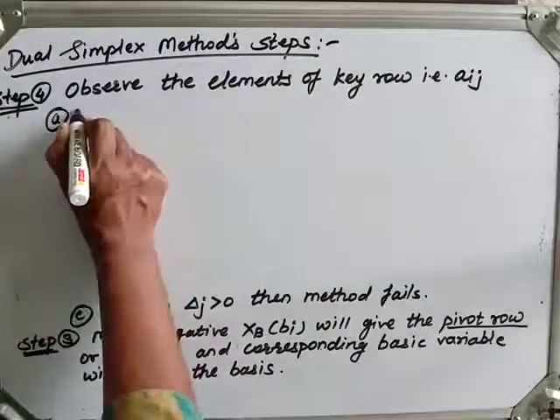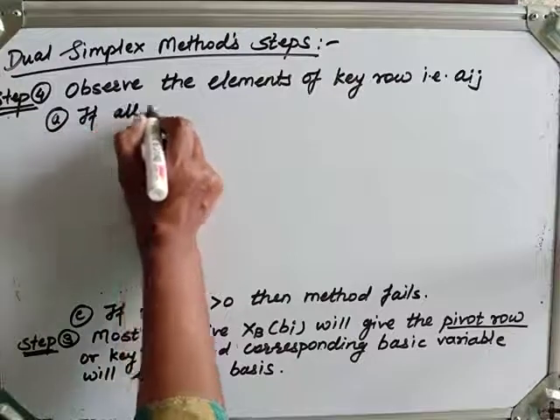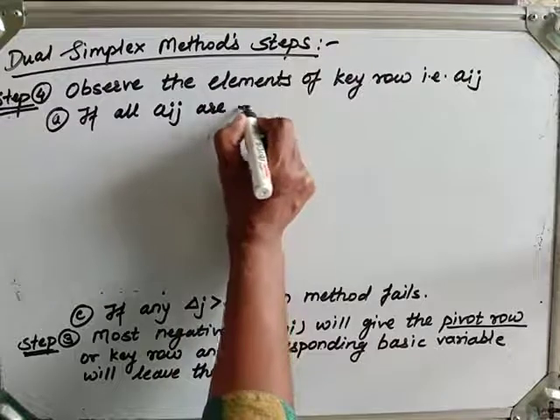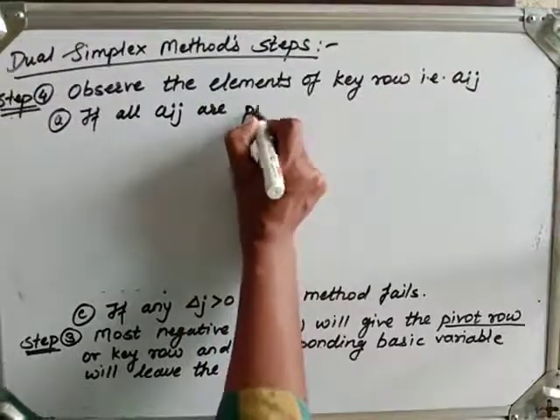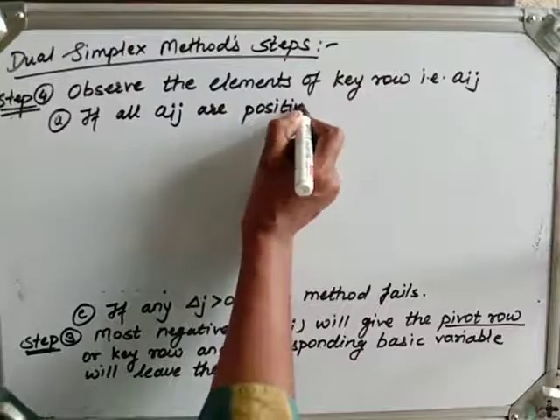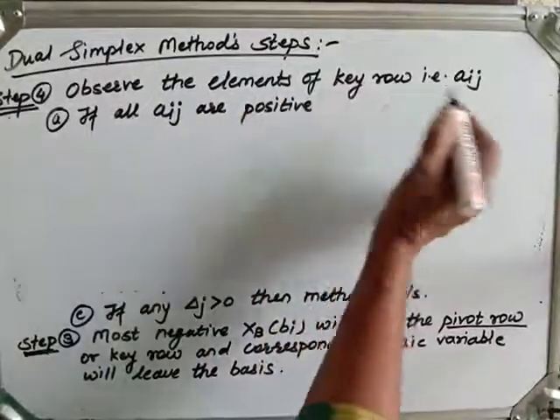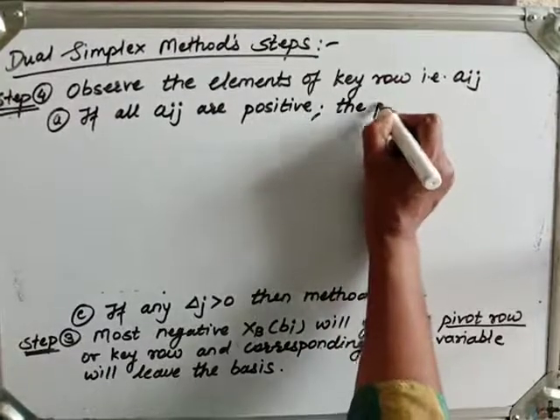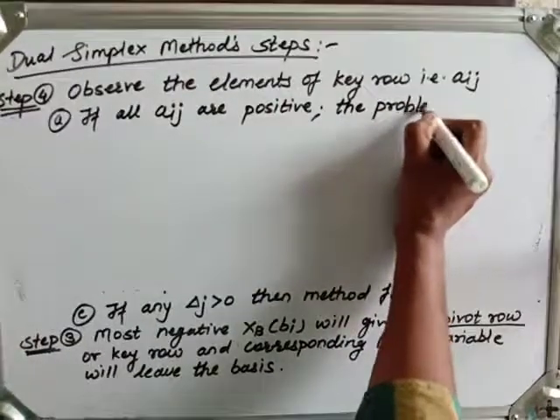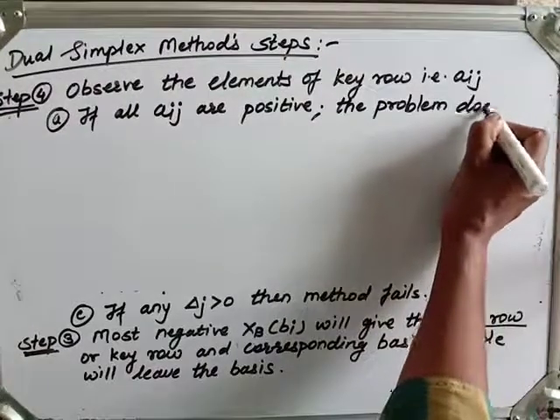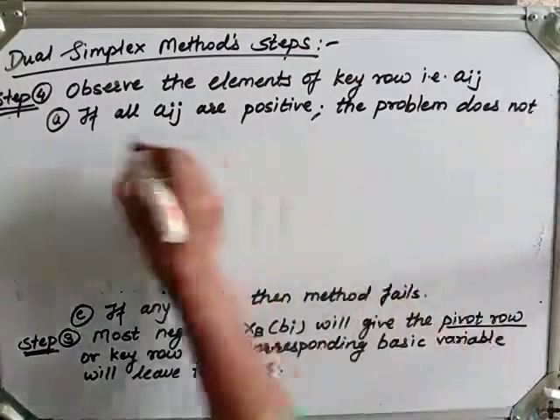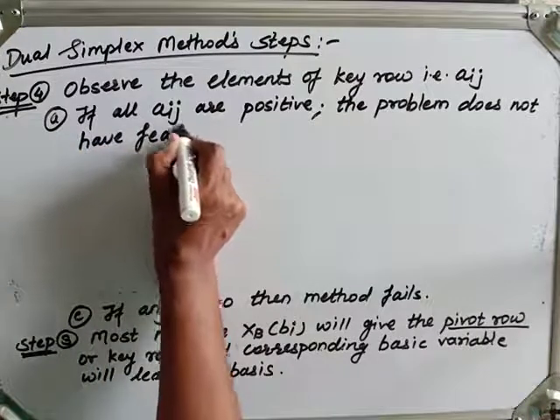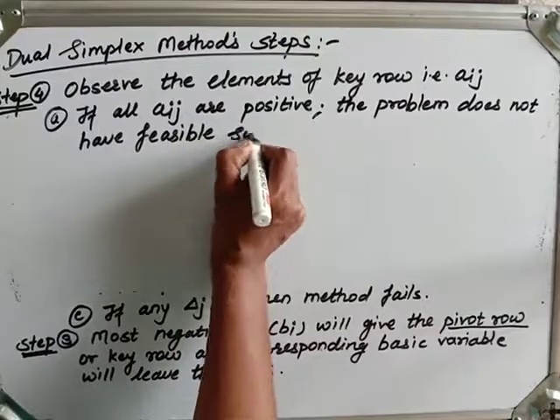The first thing: if all Aij in the key row are positive, then this method says the problem does not have a feasible solution.